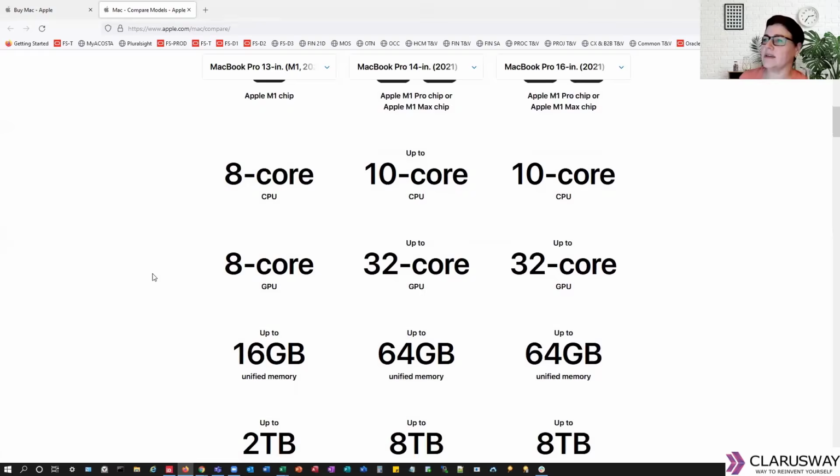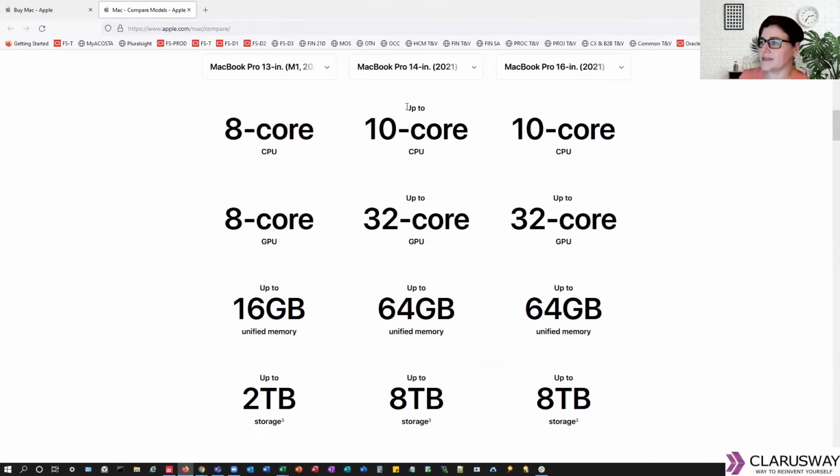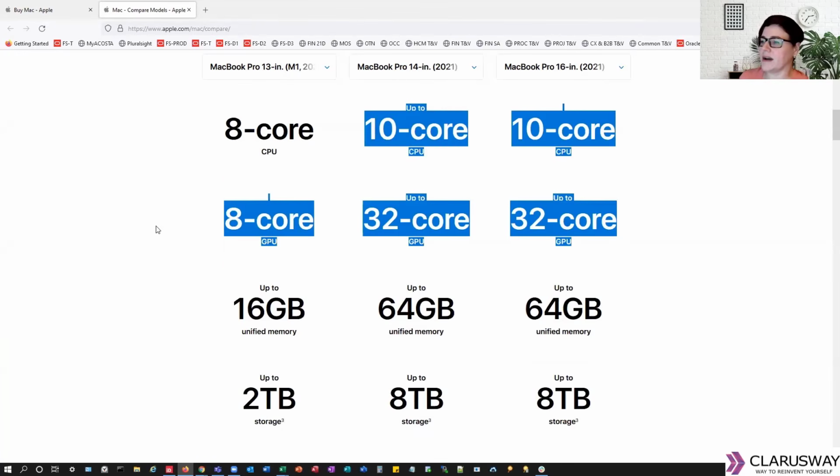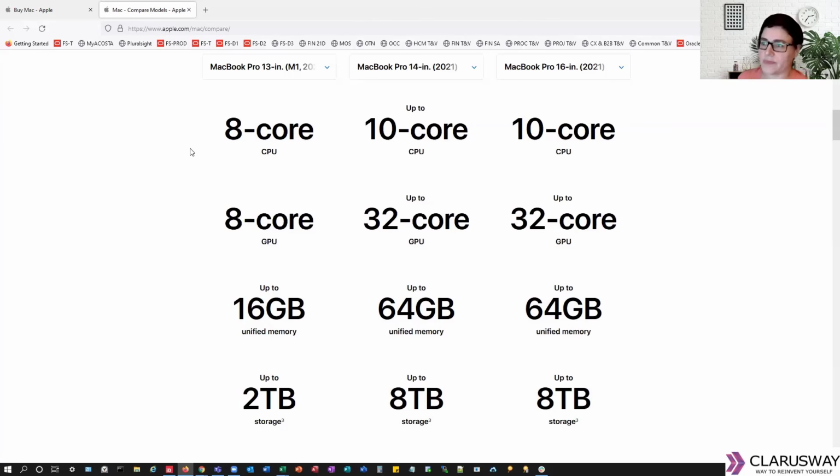Ultimately, that is telling us the capability of the processors. So the CPU, the central processing unit, or the brain of these different laptops, you can see 8-core, 10-core. When you see core, that essentially tells you the number of processors for that chip.